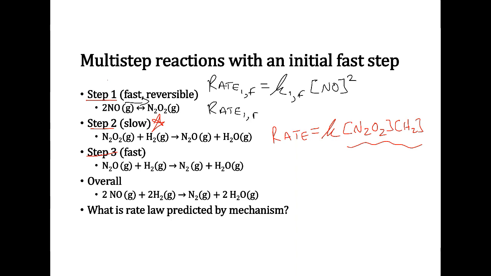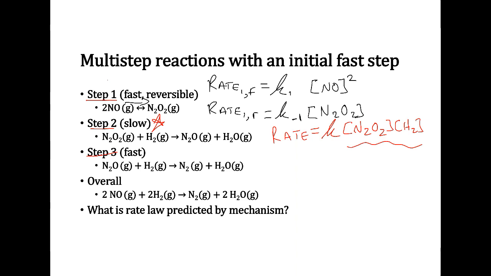So the rate of that first reaction going in the opposite direction, which you might see denoted as K sub negative 1. So I'm going to go ahead and take off this F up here. We have K sub 1 for the forward reaction, K sub negative 1 for the reverse reaction, and this will be equal to N2O2.